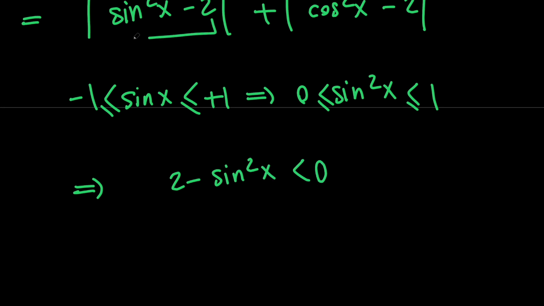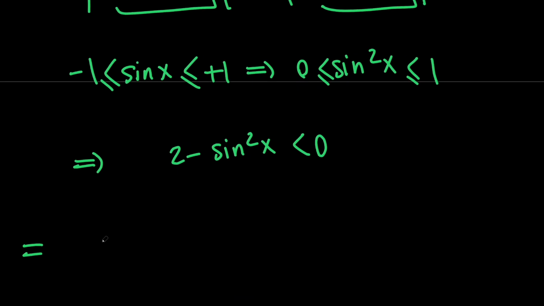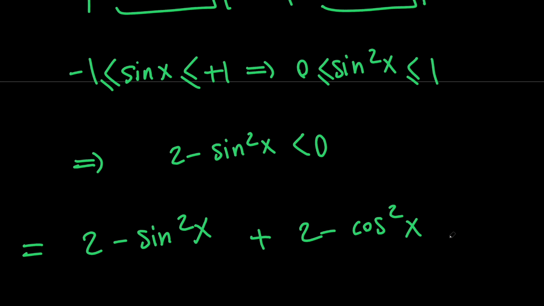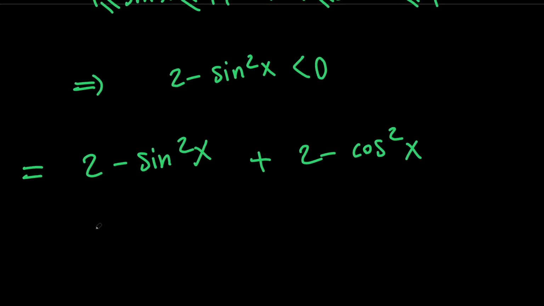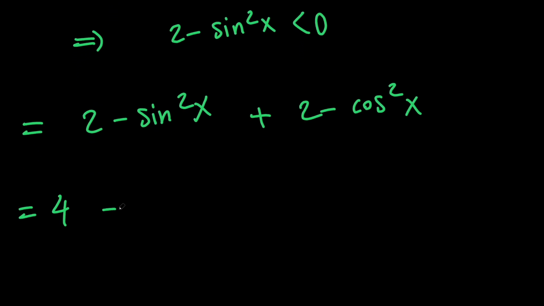So this is going to be something negative, and the same thing is true for this one. So from this, I'm going to get 2 minus sine squared of x plus 2 minus cosine squared of x, which simplifies to 4 minus sine squared of x minus cosine squared of x.